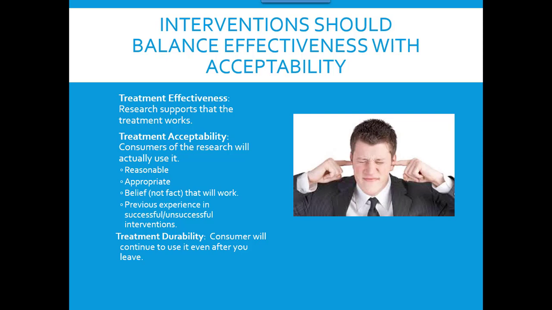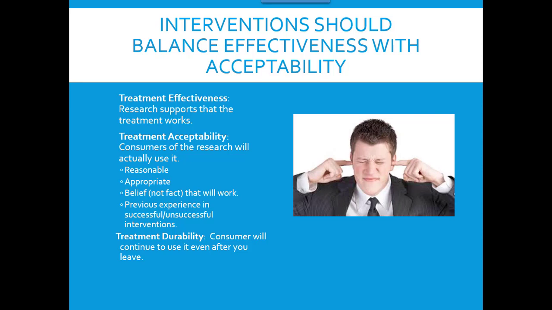It also has to be appropriate for that classroom. The teacher's got 36 children having 5 different individual interventions going on, in addition to the children who receive differentiated instruction for special ed and others who receive differentiated instruction for English as a second language. The more complicated the intervention, the less appropriate it is for that class. Also, sometimes if the teacher doesn't believe it's going to work, they're just going to stop doing it.